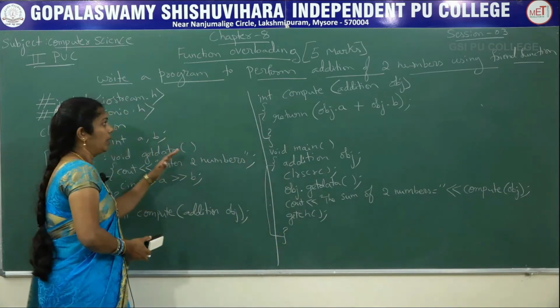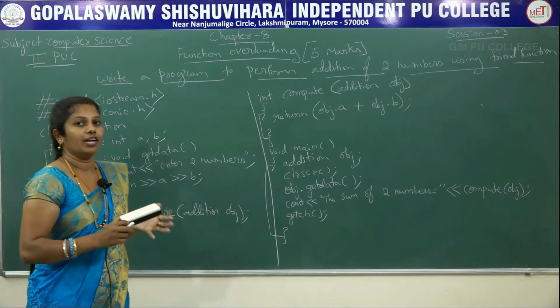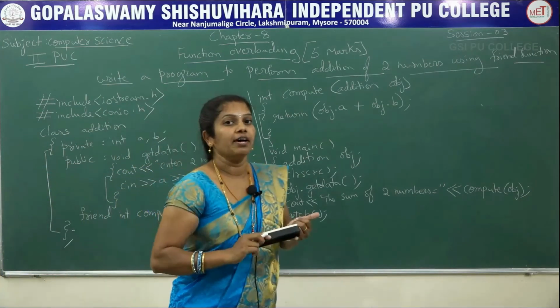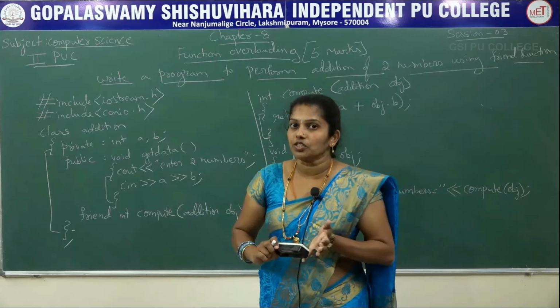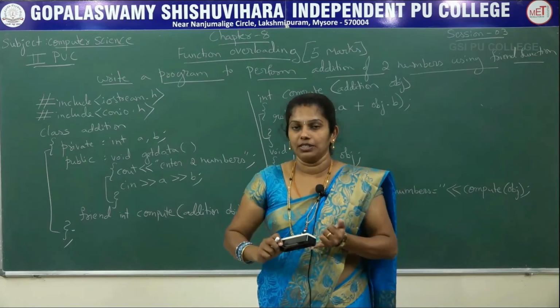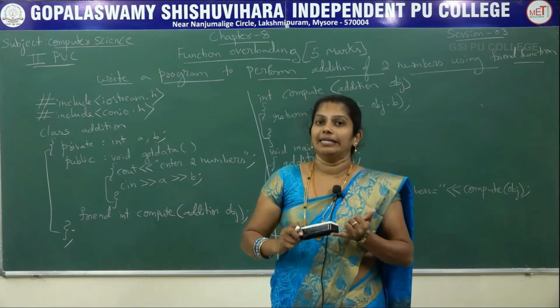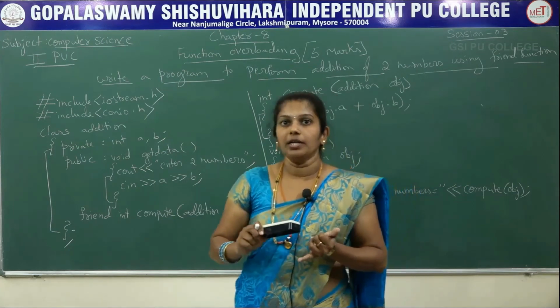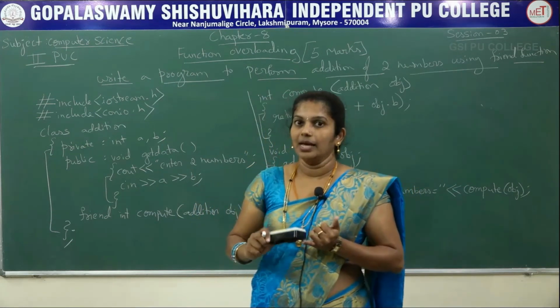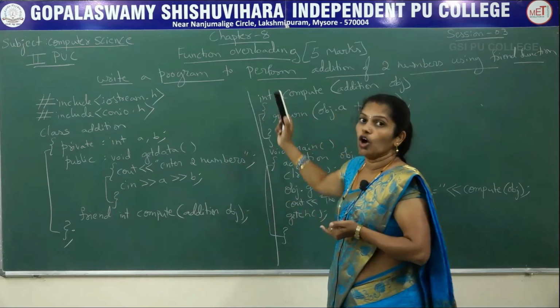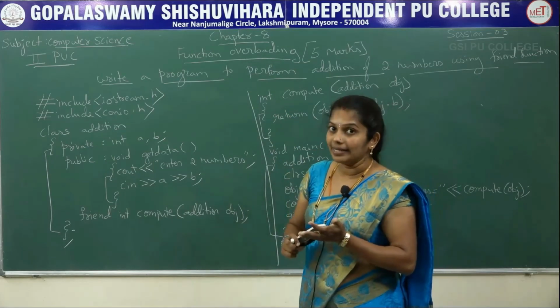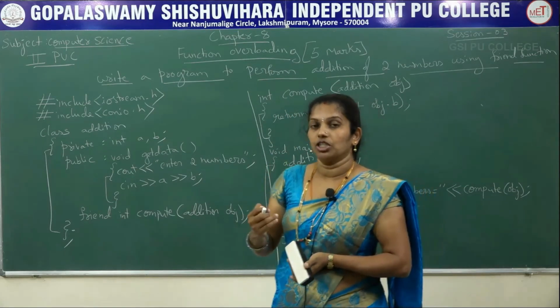Now is it clear? From this, what did you come to know? Friend function is a non-member function. What are the features of this friend function? First feature: it is a non-member function, but it is able to access private and protected data of a class. It does not require the scope resolution operator to define the function outside the class.